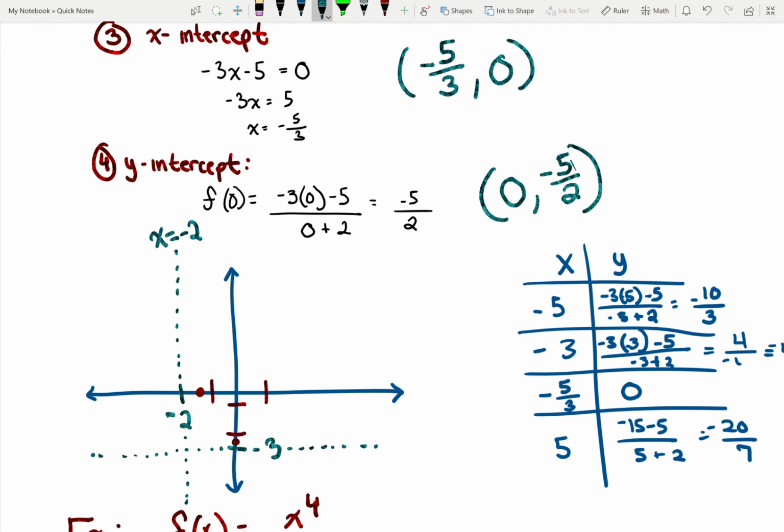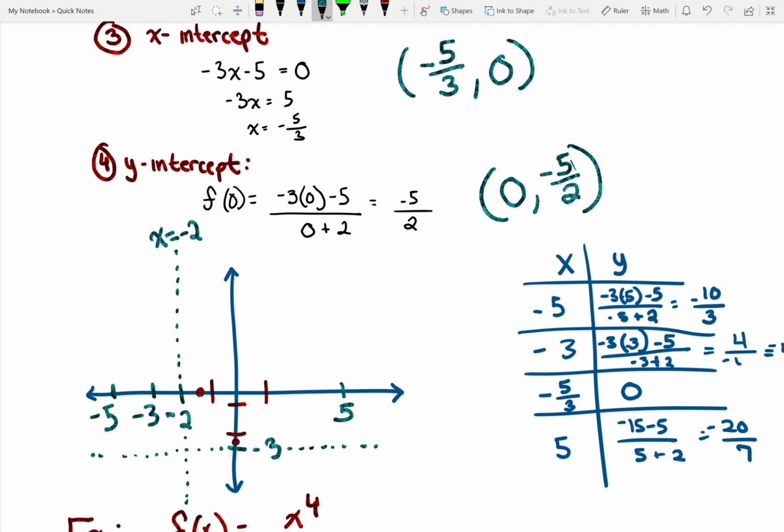See, this point is to the right of it. This point is to the left of it. Always pick numbers that are to the right and to the left of your vertical asymptote. So I'm going to pick two numbers to the left of my vertical asymptote, and I'm going to pick two numbers to the right of my vertical asymptote. So that will be this point right here, which is -5/3, and I'll pick also the number 5.